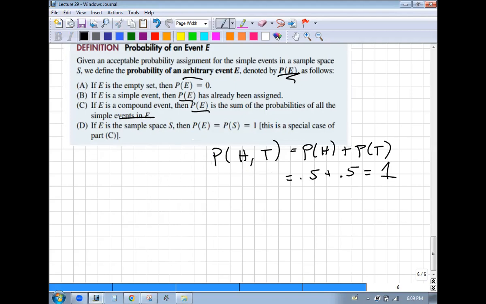Well, the whole sample space was heads and tails, so you just add them up. If E is the sample space S, this is a special case. That's the one I just showed you. We need one with more events in it for me to get more into the compound stuff.